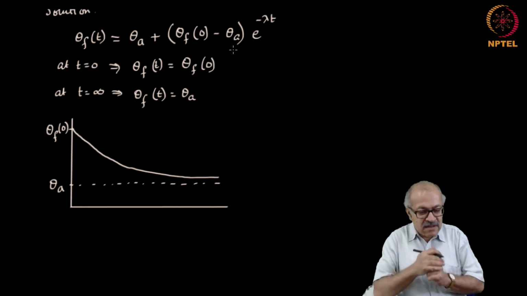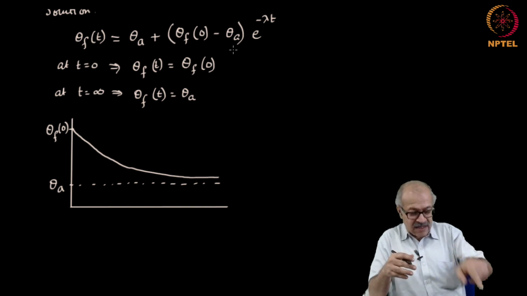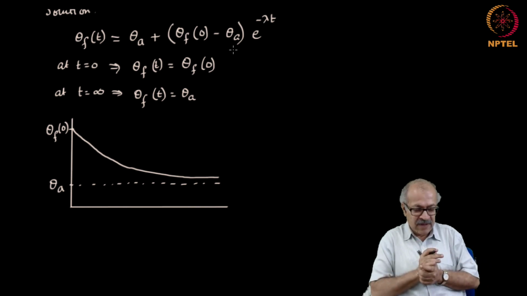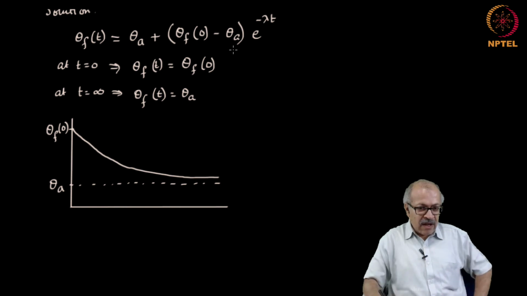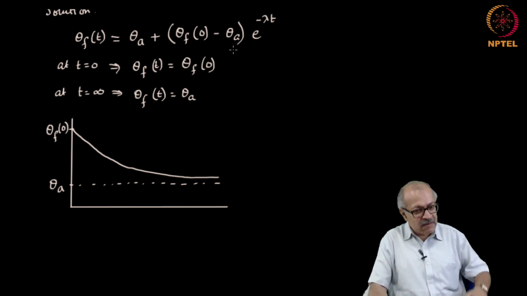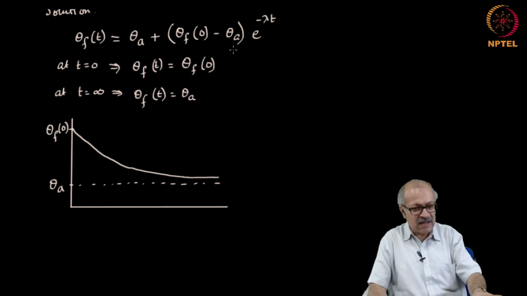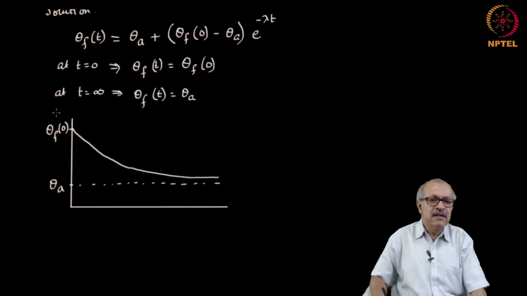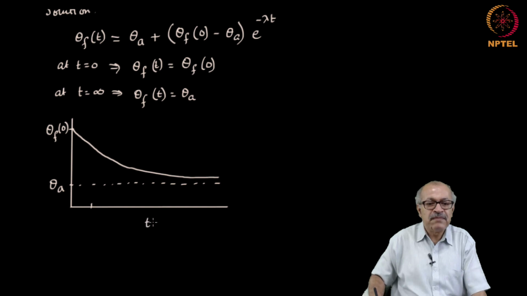Now, the question is the last step to check whether we are on the right track or not. How do we check? We will perform the experiment. That means, we will fill a glass with hot water, and then we will have a thermometer dipped there, and we will measure the temperatures at different times.